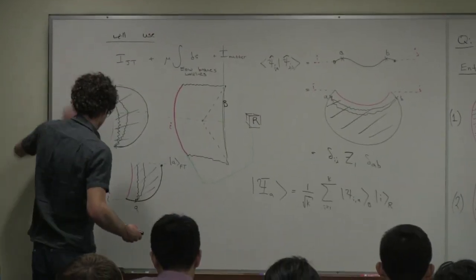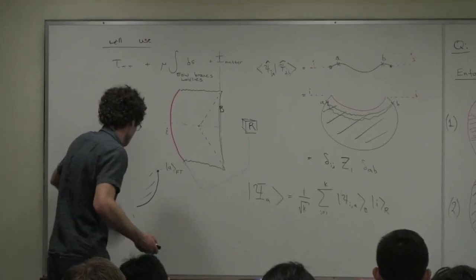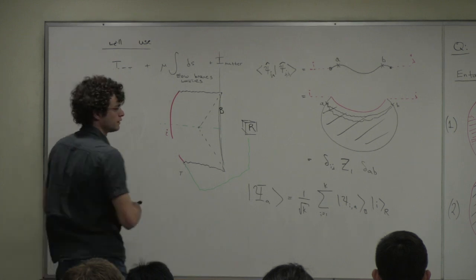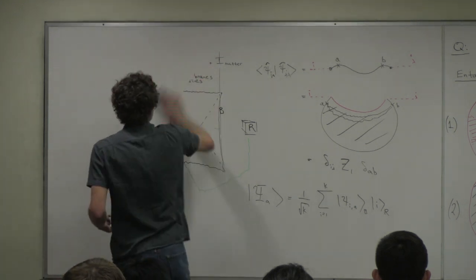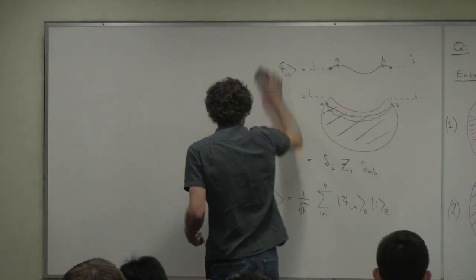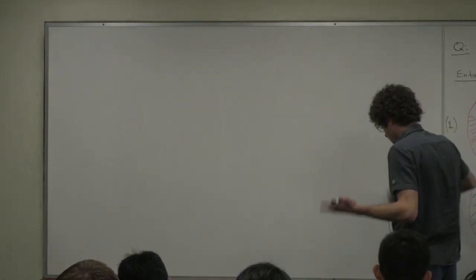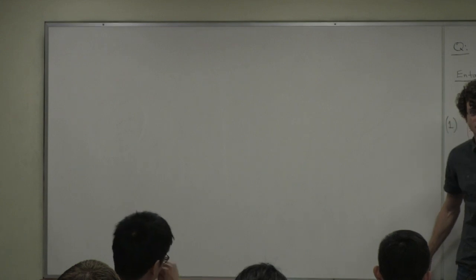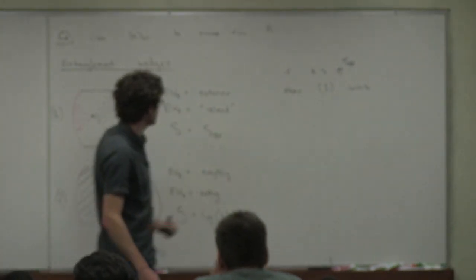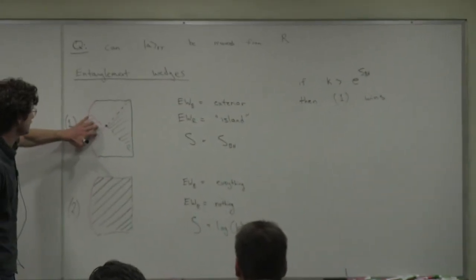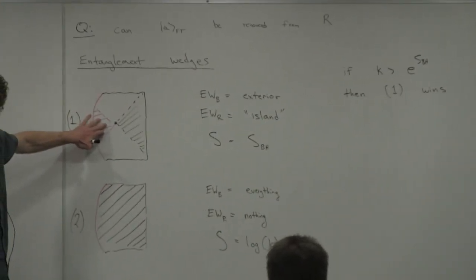Okay. So we've reviewed the status of entanglement wedge reconstruction, the expectations from the conjecture of entanglement wedge reconstruction for this model, for this situation. And the conjecture is that if K is big enough, then you should be able to reconstruct stuff in here using the R system.